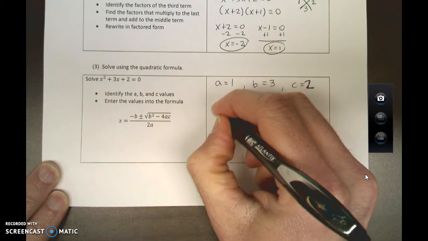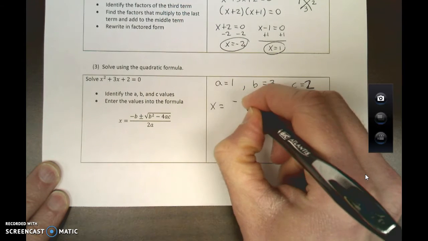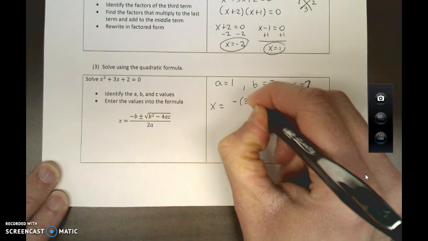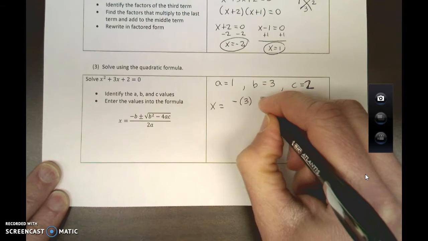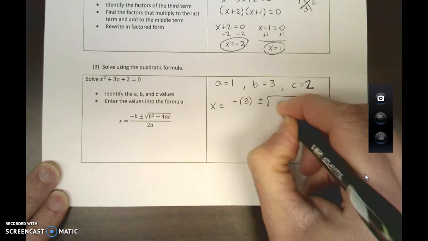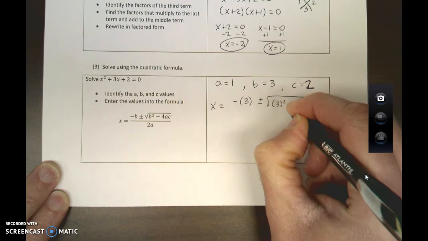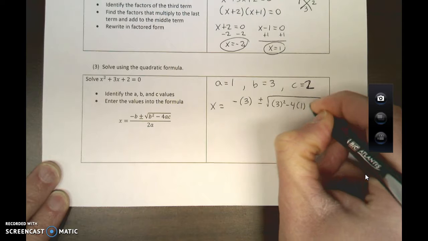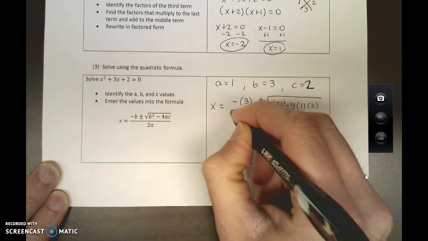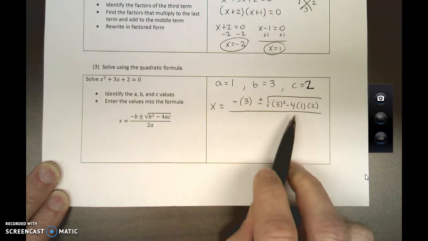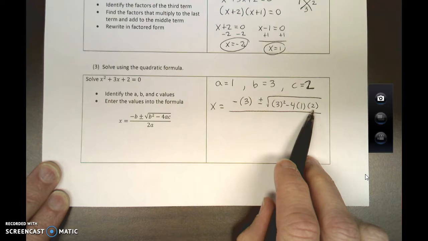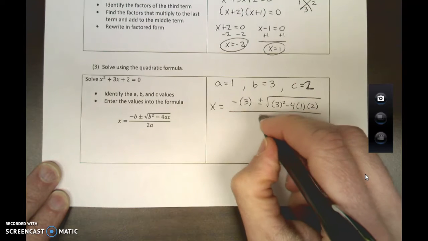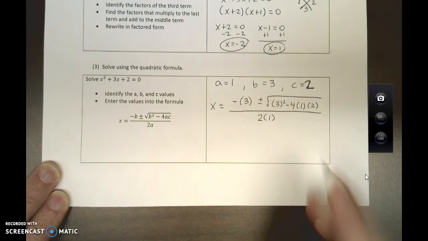So it's going to be x equals the opposite of b, so opposite of b is minus 3, plus or minus the square root of b squared minus 4 times 1 times c. So minus 4 times a times c. I'm just plugging those values in, all over 2 times 1, or 2 times a.